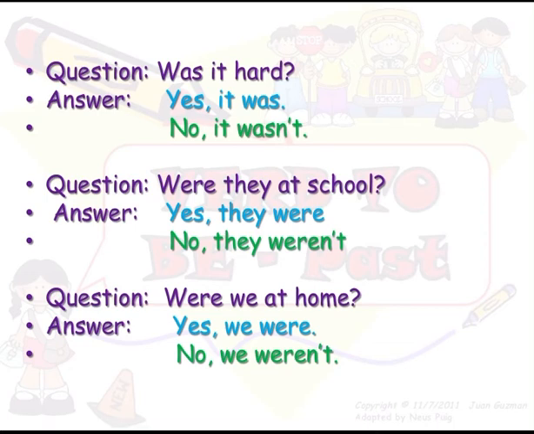Yes, we were. No, we weren't. Notice here that the subjects that we have in the questions are it, they, we. So in the first question, we answer with it. In the second one, we answer with they. In the third one, we answer with we.